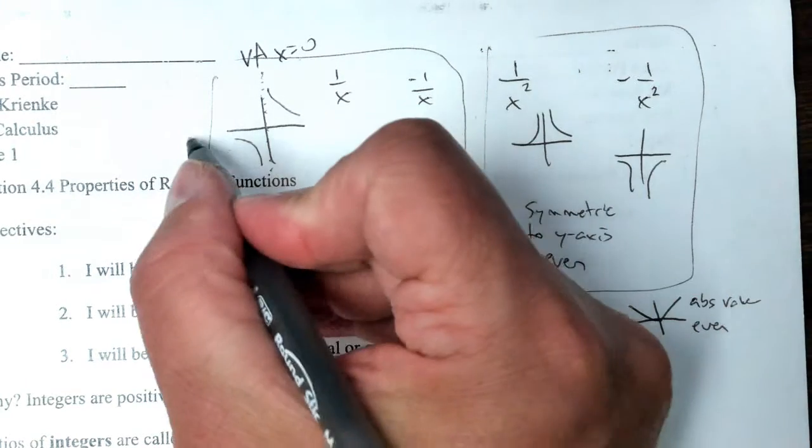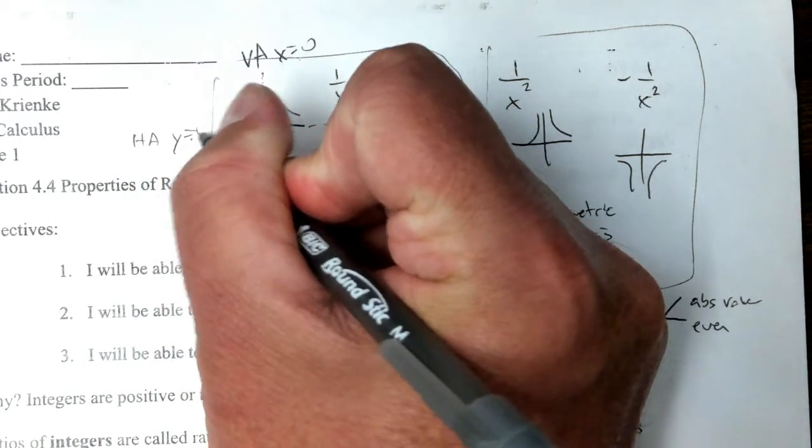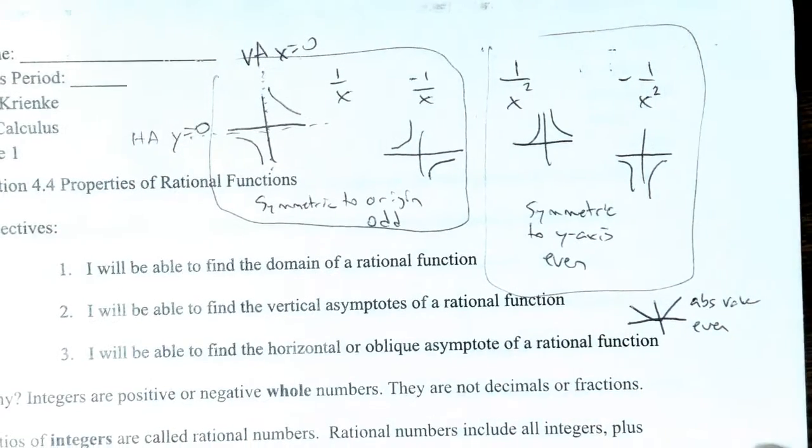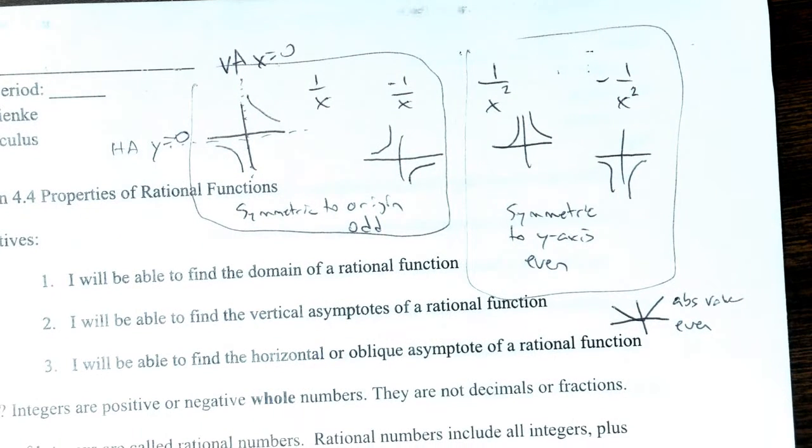And this one has a horizontal asymptote at y equals 0. And then from there, I'm going to start going through these notes. Any questions before we really get started?